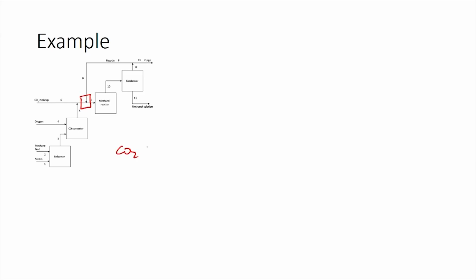The carbon dioxide balance would be input equals output. So, input is two streams, one is stream 7 and the other is stream 8, and output is from stream 9. We know that the output is 225.36 and the input in stream 7 is 128.7 and the rest would be the input in stream 8.